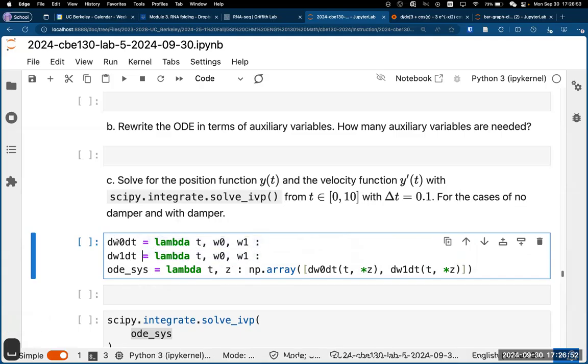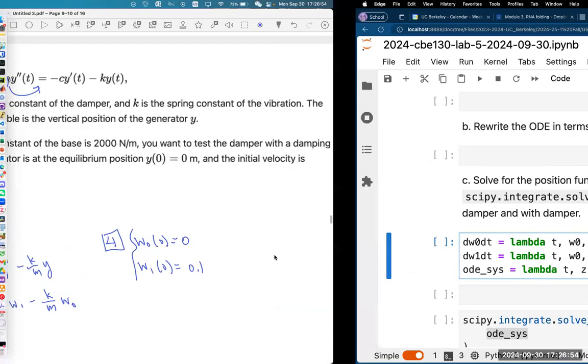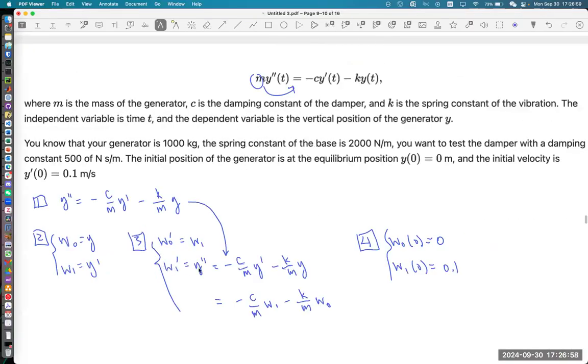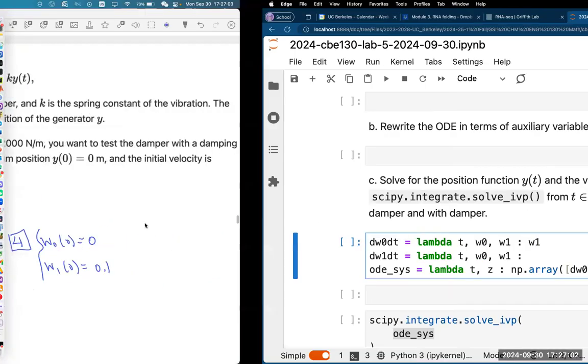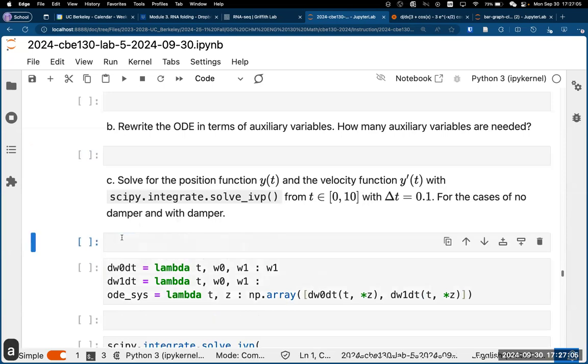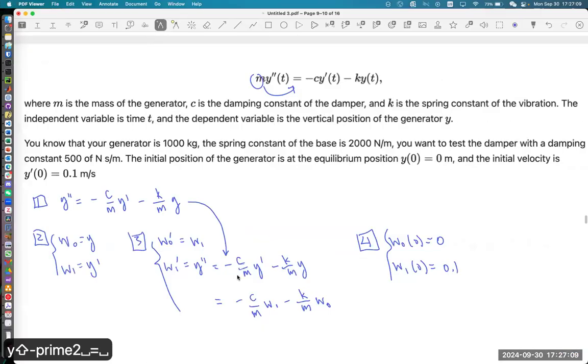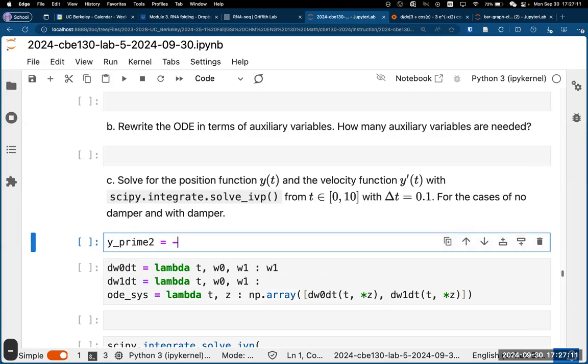And then W0 prime is W1, so we write W1 here. And then W1 prime is the y double prime. So let's define y prime 2 as minus c divided by m.